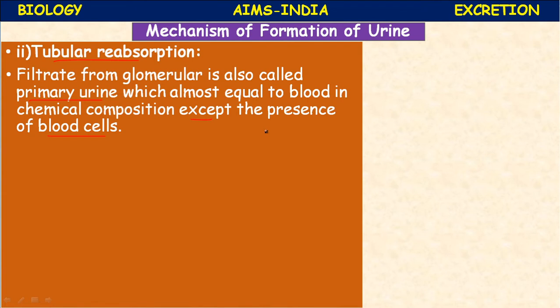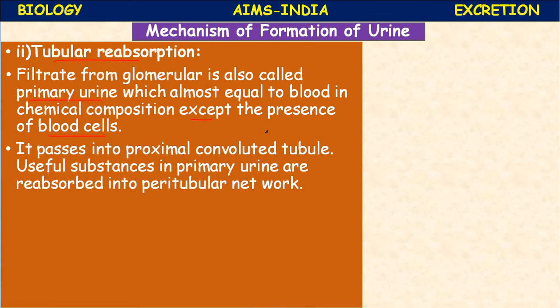Blood cells are absent. It passes into the PCT, proximal convoluted tubule.